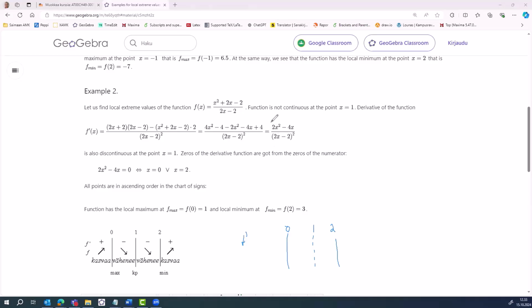So the only thing affecting the signs is the numerator, which once again is a parabola upward with 2 zeros. In the middle we have this dashed line, but still the values are positive, negative, negative, positive. So we know the signs. We know how the function is behaving.